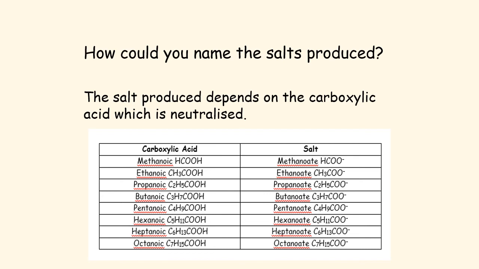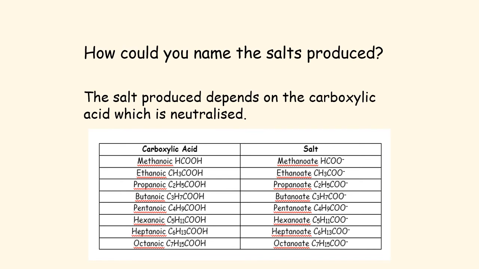So for example, sodium hydroxide plus methanoic acid produces sodium methanoate plus water. Ethanoic acid would produce sodium ethanoate. So all you're changing is the IC to an ATE. Ethanoic, ethanoate.